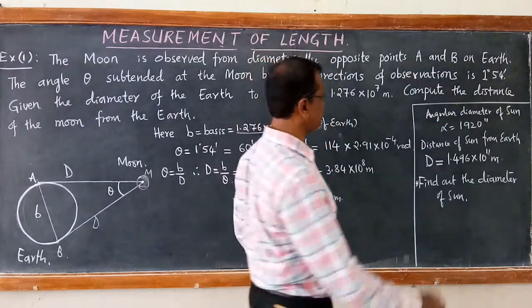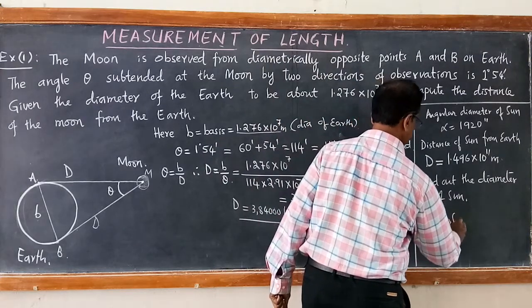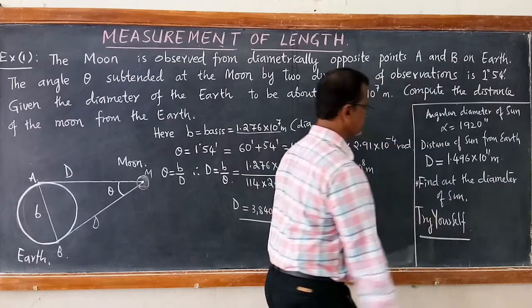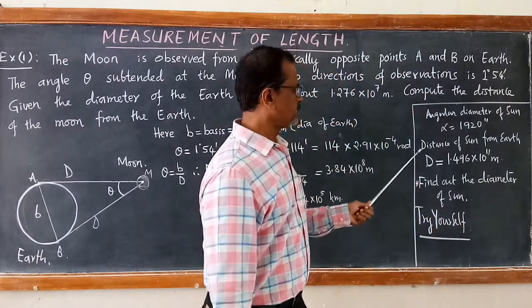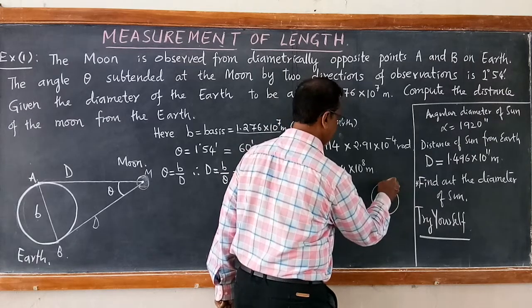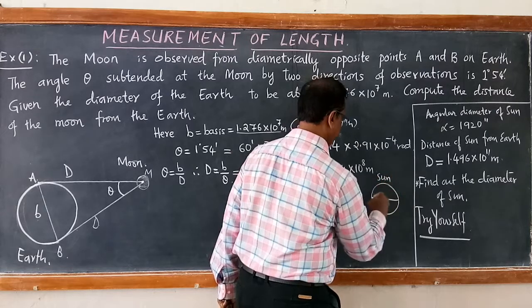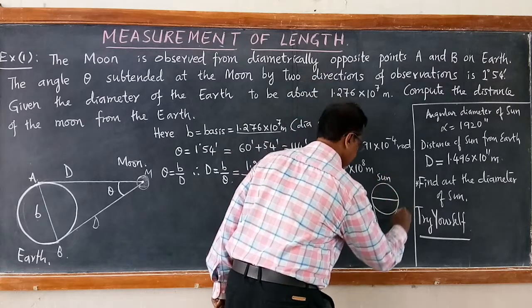I think you can try this. Try yourself. This is the second one. As I said, the angular diameter is the angle subtended by the diameter of the sun at a single observatory.